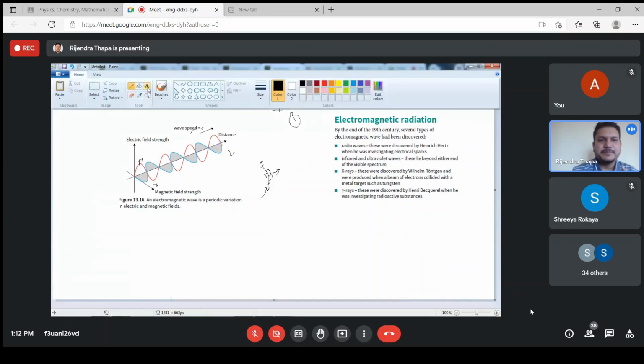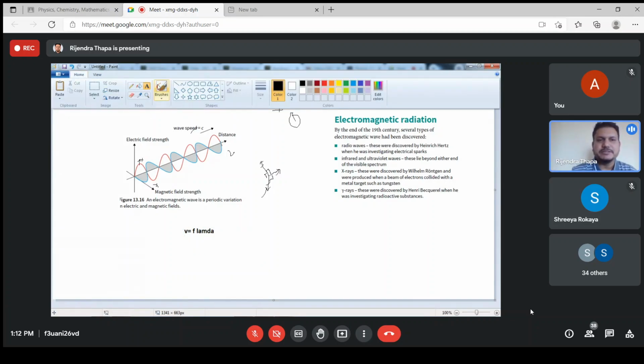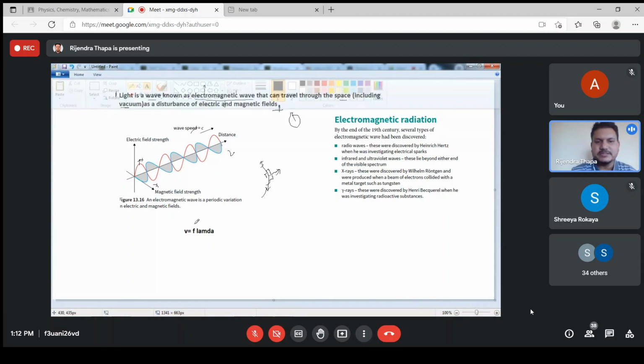Frequency doesn't change. We know the relation between velocity, frequency and wavelength as V equals F into wavelength. Suppose lambda is wavelength. Now here, velocity fluctuates, it's not constant. Frequency is constant; it doesn't fluctuate.